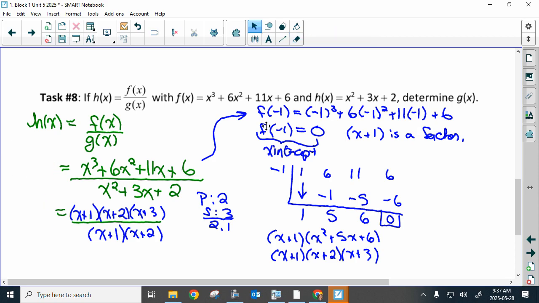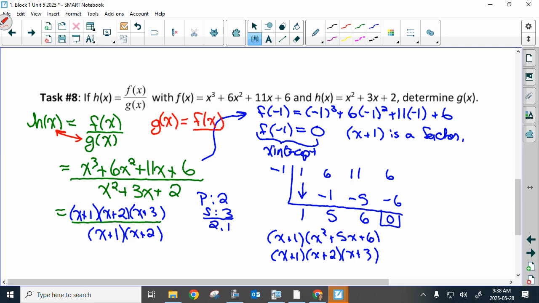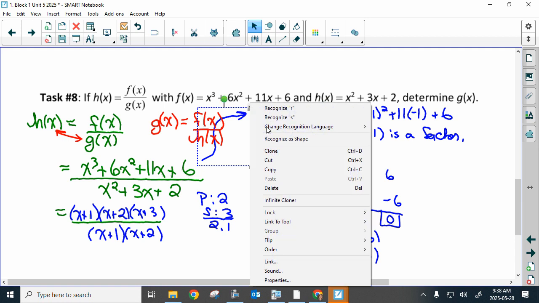Okay, I'll just show you what I'm going to do. I'm going to bring the g of x by multiplication and h of x down by division. So then g of x is actually f of x divided by h of x. This was h of x. Are we okay with that? I'm going to ditch this arrow.